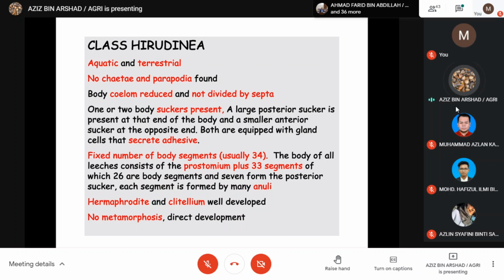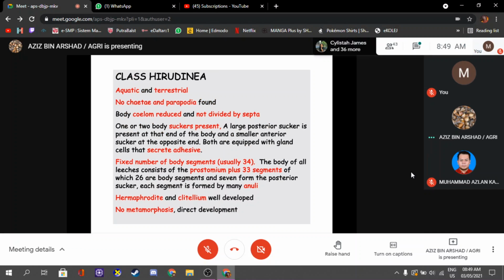In Hirudinea, the body coelom has been reduced. They are not divided by septa, unlike in oligochaete as well as polychaete.